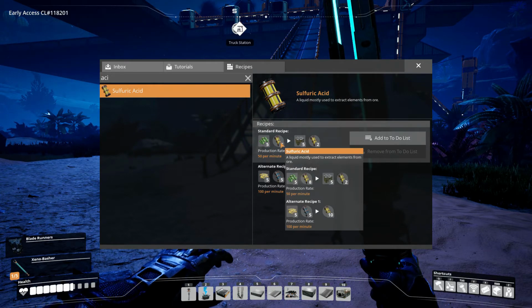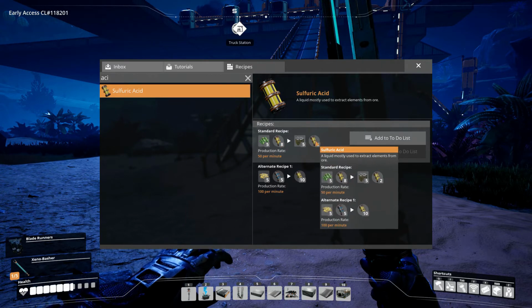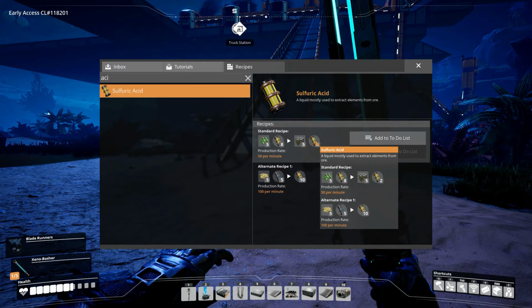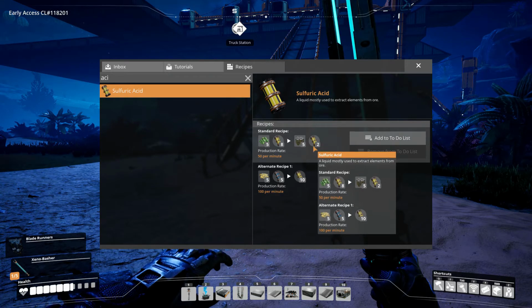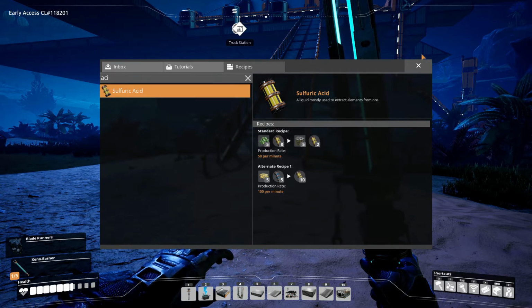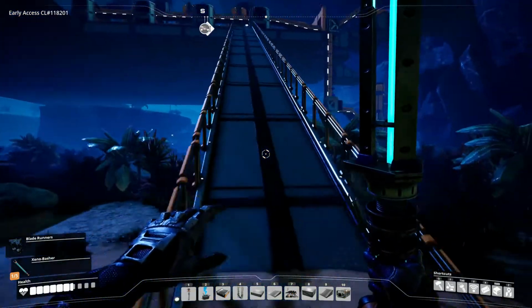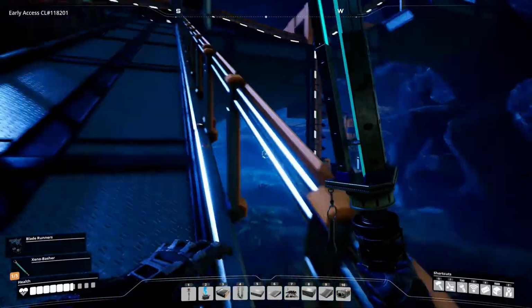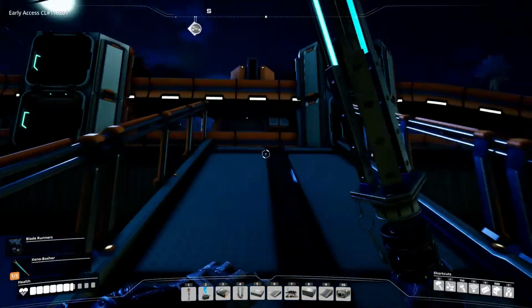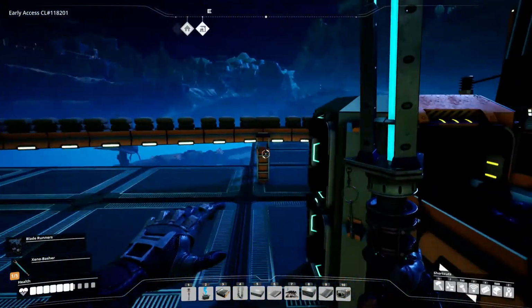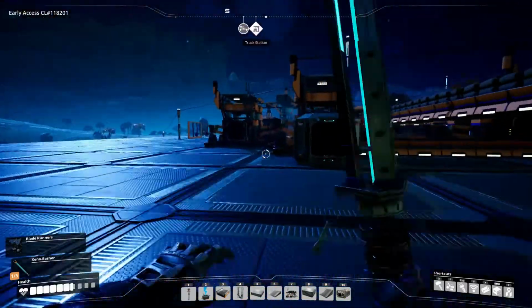You add this acid, and you, for some reason, end up with acid. Like, how does that make sense? This recipe makes no sense. Why does it take it in and spew it out? I don't know. For balancing issues or something? To make the numbers rounder? I don't know.